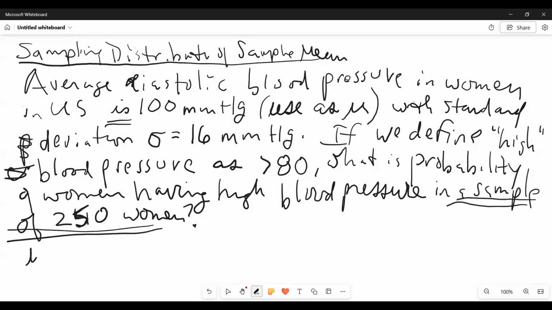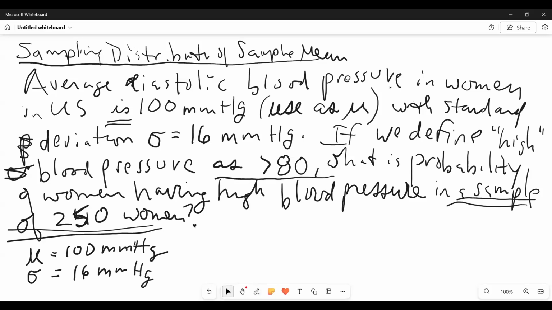Okay, we've been given mu is 100 millimeters of mercury. Its standard deviation is 16 millimeters of mercury. The cutoff value, or the value that we want to find a probability of: what's the probability of women having high blood pressure? Well, how do we know what high blood pressure is?